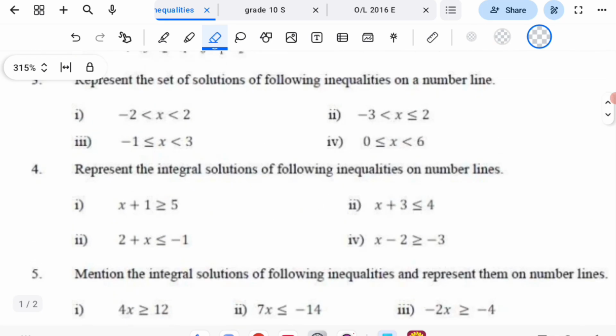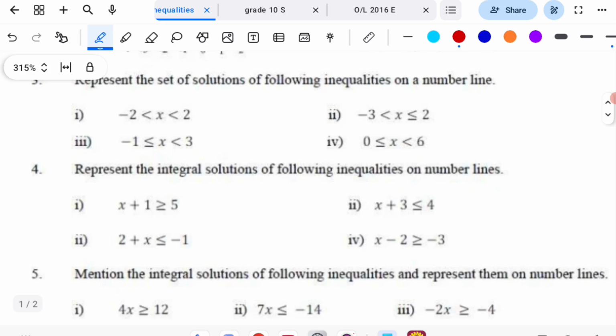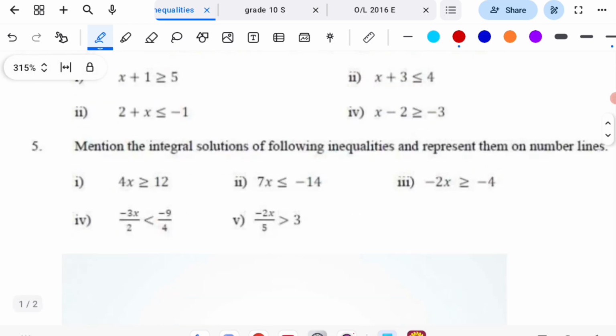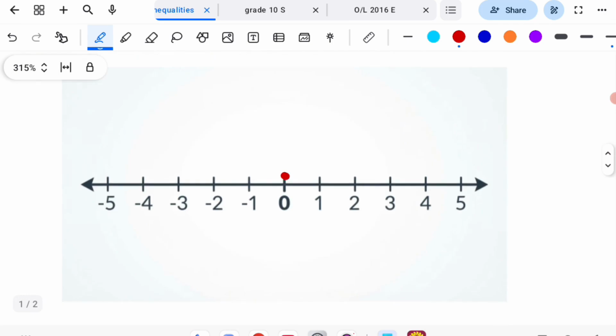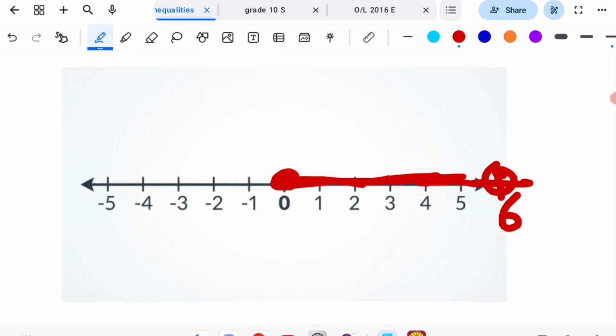Then part 4, x greater than or equals 0, less than 6. Greater than or equals 0, therefore we have to color the point on 0, and we have to put a non-colored circle on 6, and you have to color the range between that two numbers.